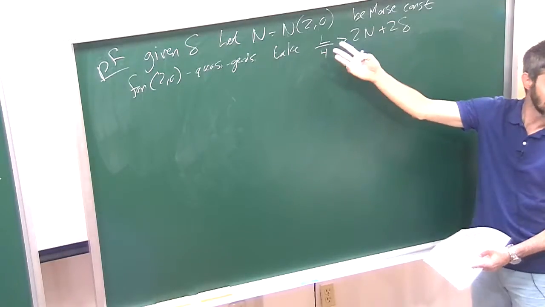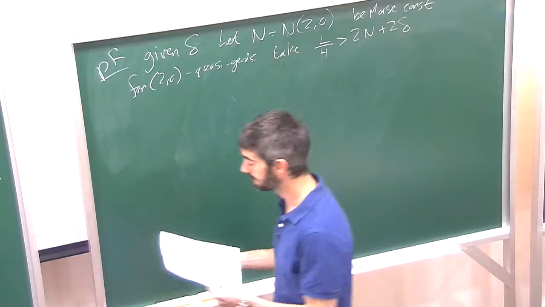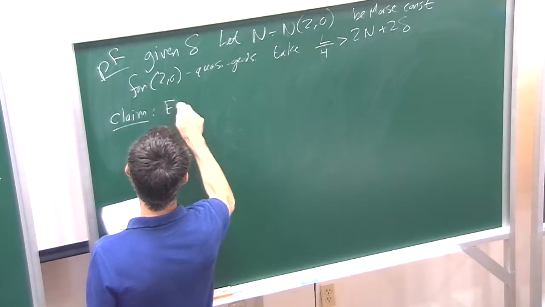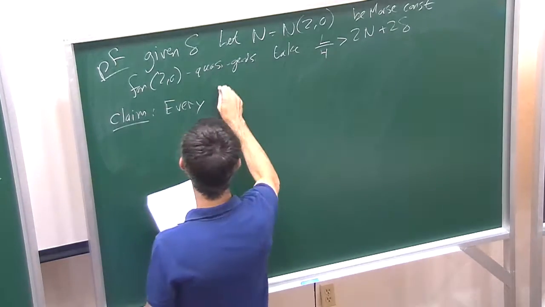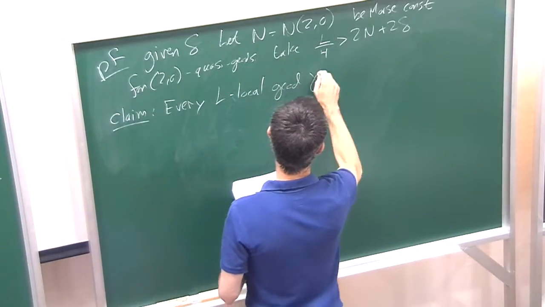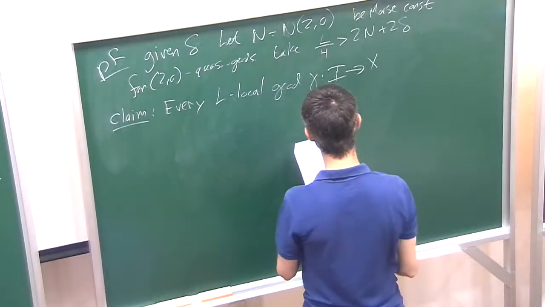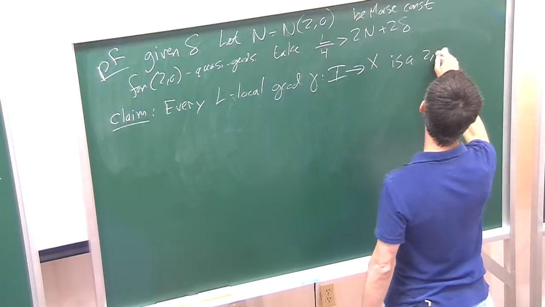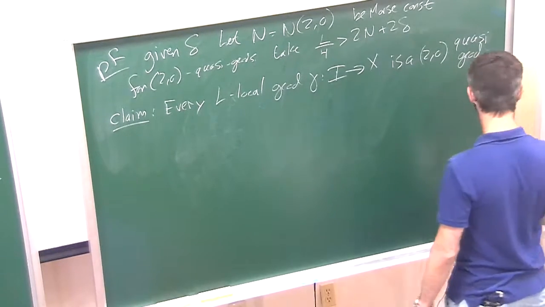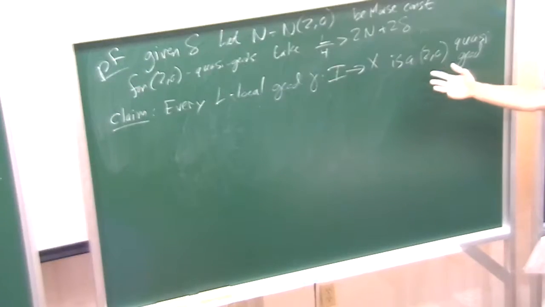So here I'm picking L. And I claim, write it down: every L local geodesic is a 2, 0 quasi-geodesic. Okay, so you see, given delta, I picked a number L. Any L local geodesic is 2, 0.